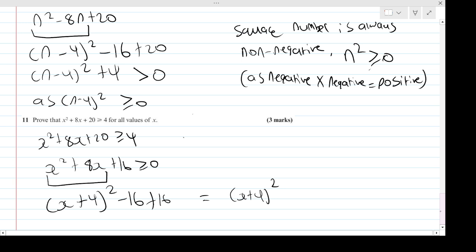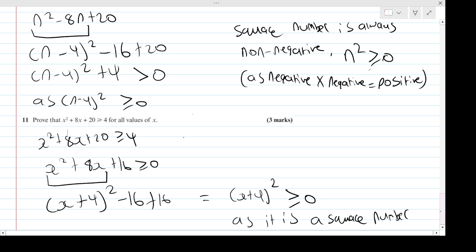So I'm left with simply this. It's a square number again: x plus 4, squared. As we discussed up here, a square number isn't negative, so it has to be at least 0, greater than or equal to 0. And there we are, we're proving it.